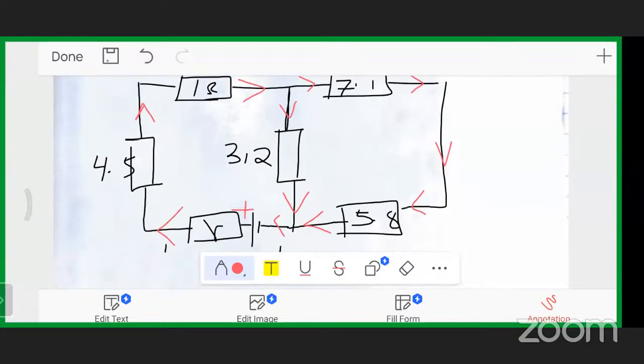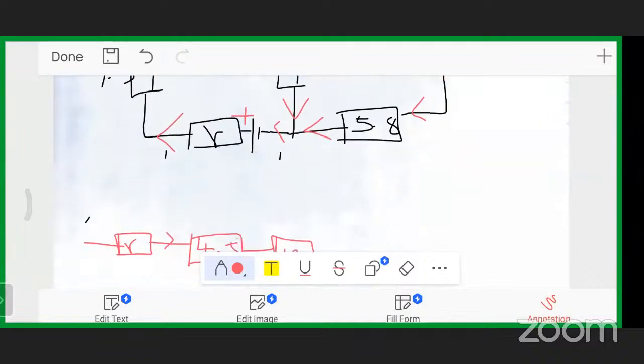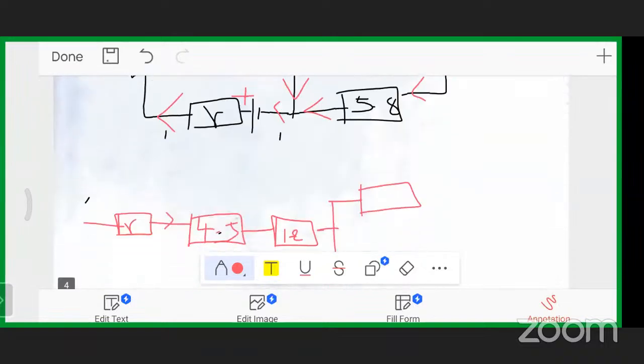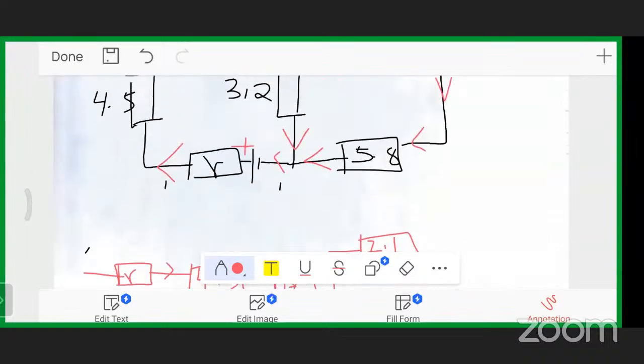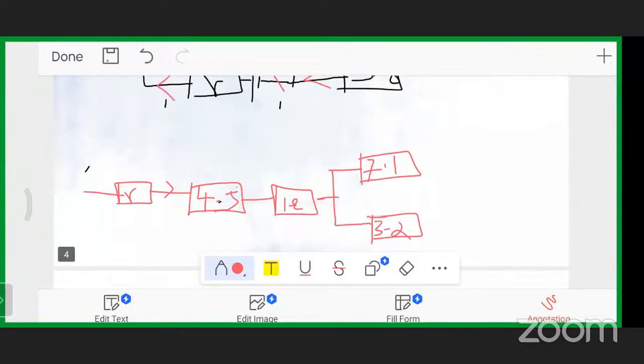Then after the 1 ohm resistor, there's a junction. That is the one that goes to the 7.1 and also 3.2. So you create that junction here, like that. Then the upper one will be the one that goes to 7.1, while this other one down here will be the 3.2. Then from there, you still proceed with your path.